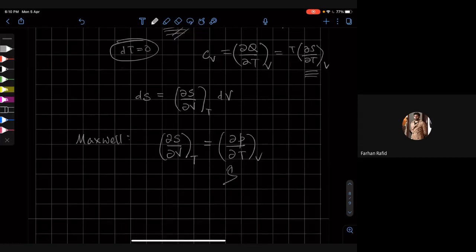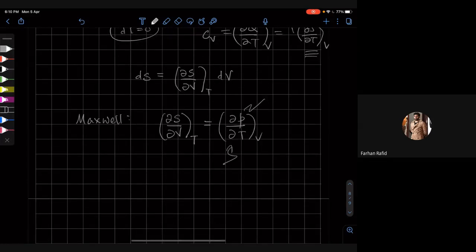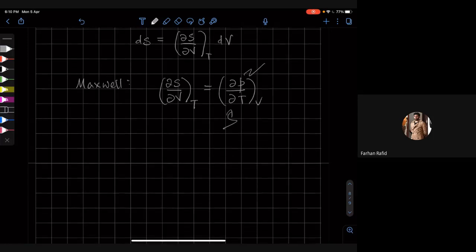And the second term you integrate by using the fact that you know the expression for P. So this is how you find out delta S for the Joule expansion.